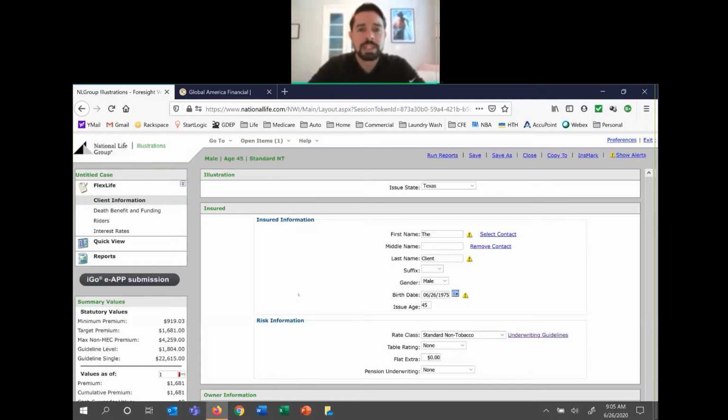When working with these college funding potential clients, you've got to think about who your target market is. You want to focus on people with younger children because this tends to work better in that aspect, unless you can get older kids and parents willing to put a lot of money towards IULs.